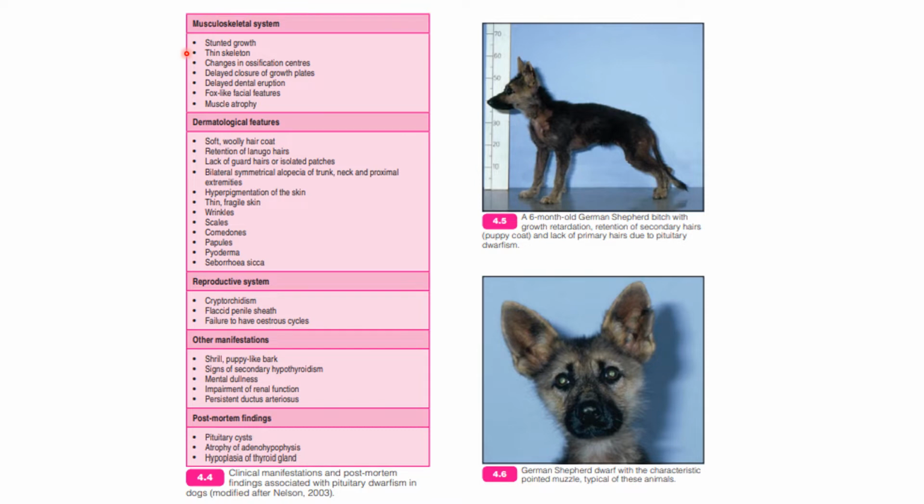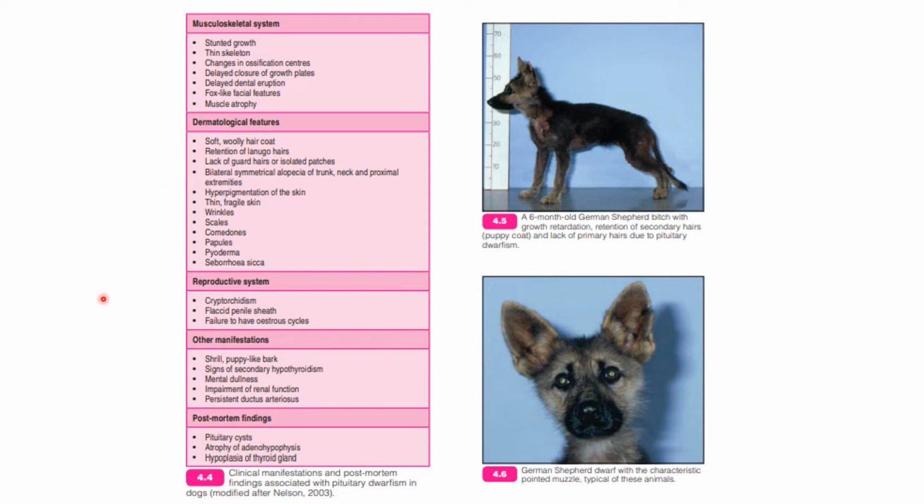So it has thin skin, changes in the ossification centers, delayed closure of growth plates, delayed dental eruption, fox-like facial features as shown here, very pointed ang muscle, and muscle atrophy, very, very small ang muscles, because again, protein accretion is not sufficient because of the not sufficient stimulation of the growth hormone.